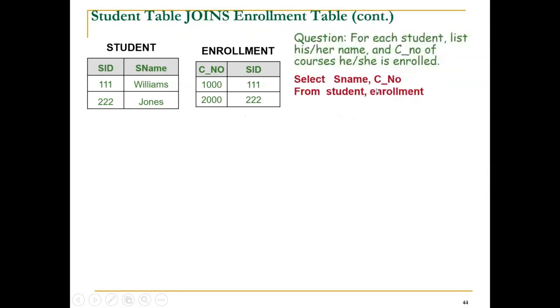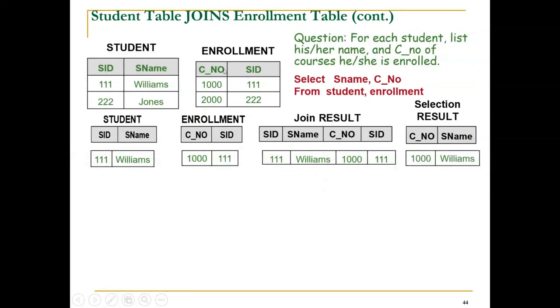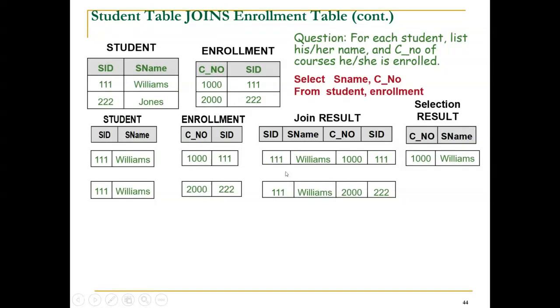If not, we do not need to combine them. However, if we miss this join condition, then the database will pretty much arbitrarily combine every single student record with every enrollment record, regardless of whether they have a matching SID or not. For example, the second record, we actually combine William's info with the course enrollment for Jones.